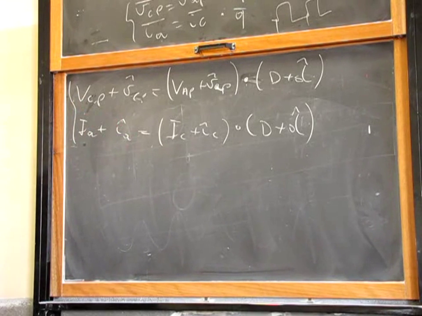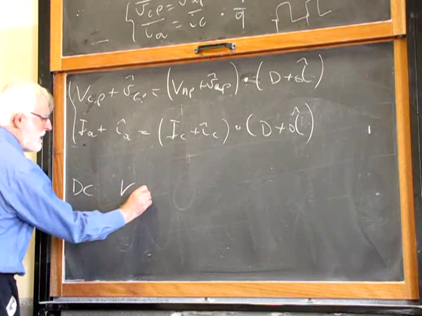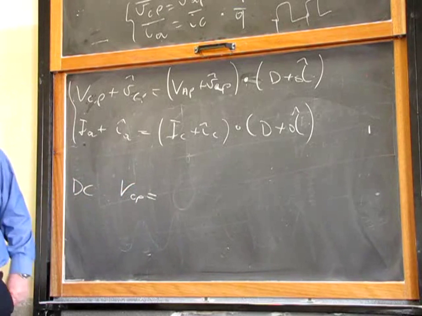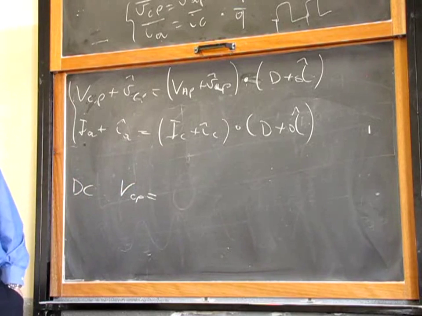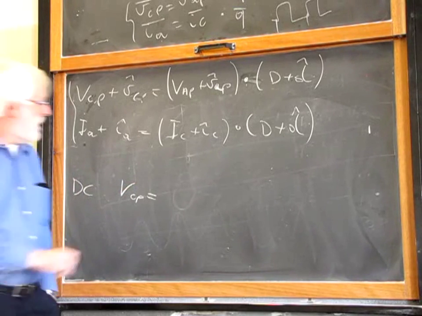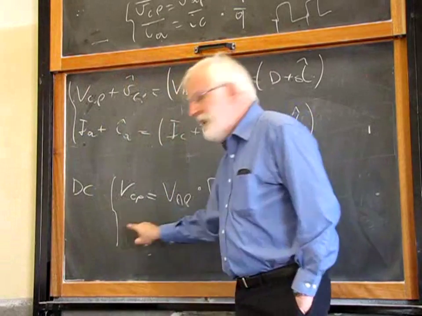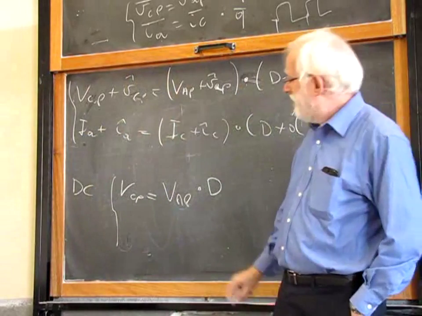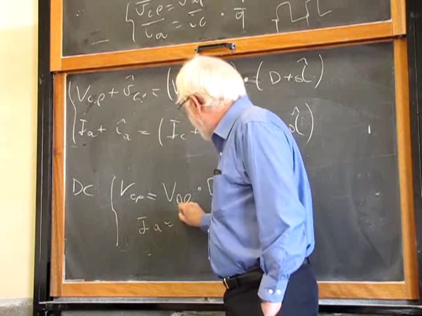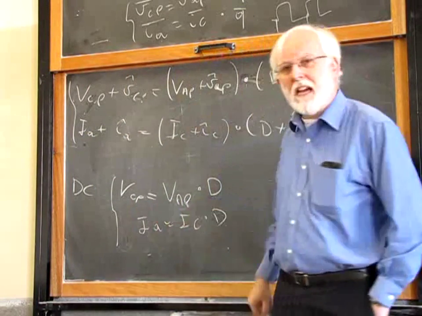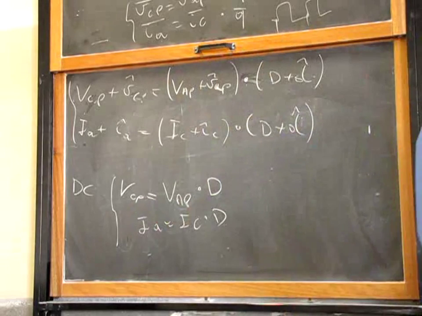Now I can separate, as I did earlier, the DC part from the varying part, from the signal part. And so the DC part is just VCP capital equals what? VAP times D capital. And IA equals IC times D, everything capital, because I am just dealing with the DC component.